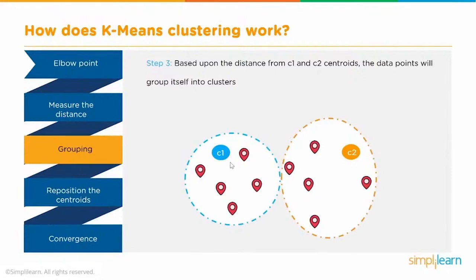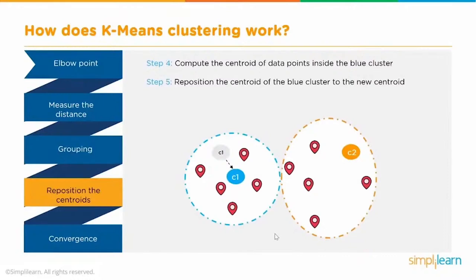But now in this step, the actual centroid will be calculated, which may be somewhere in the middle for each of these data sets. So that's like the mean point that will be calculated, and the centroid will be repositioned there. Same with C2.